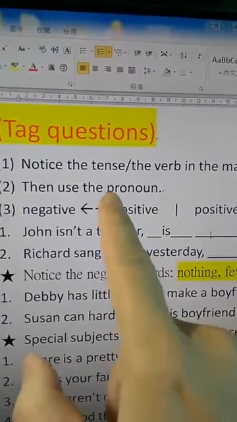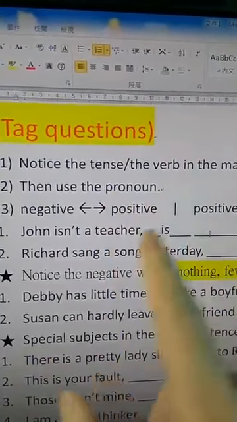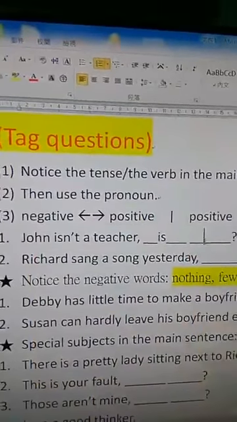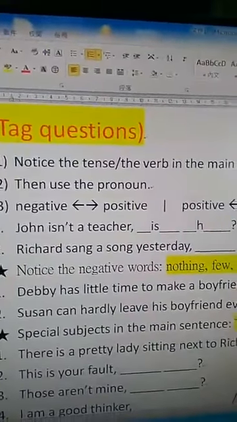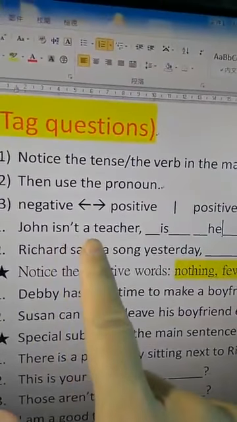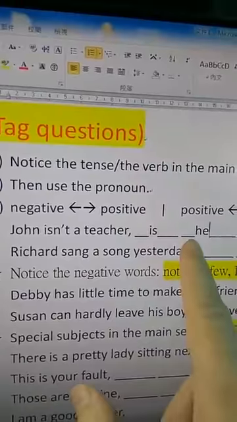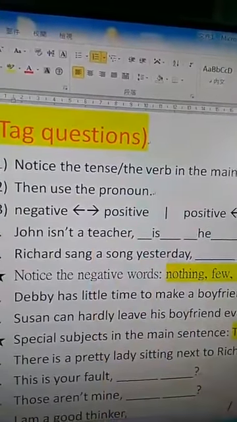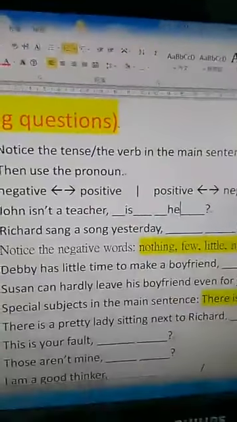Remember rule number 2. We use the pronoun here. So John, the pronoun of John is, you're right, he. So the answer is: John isn't a teacher, is he? Okay, John isn't a teacher, is he? Okay, it's not so hard, right?